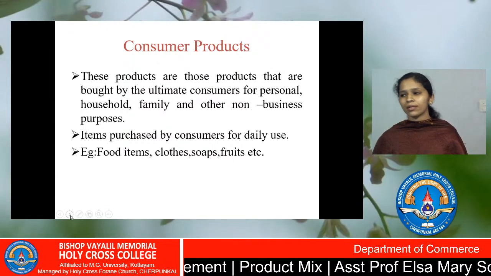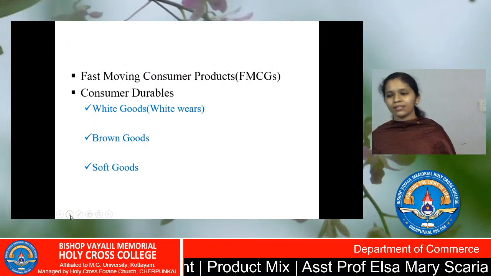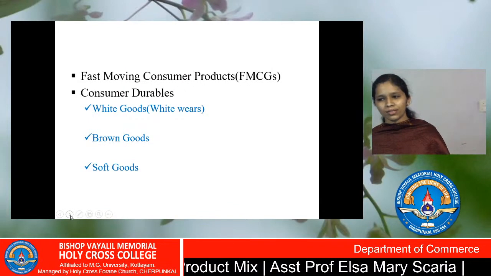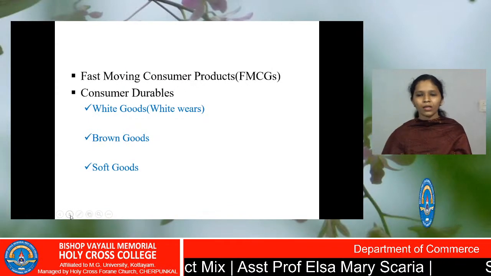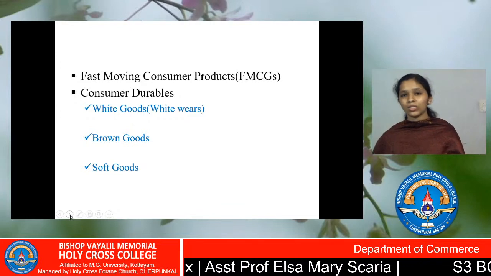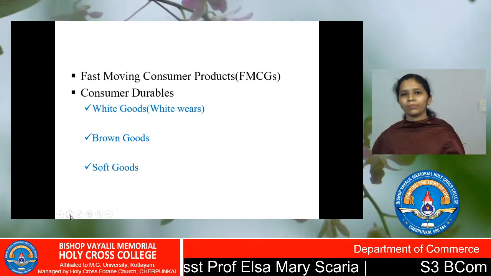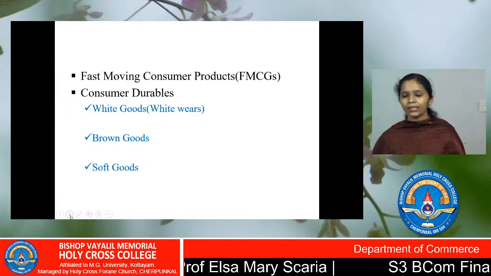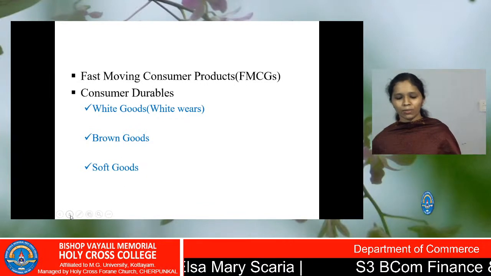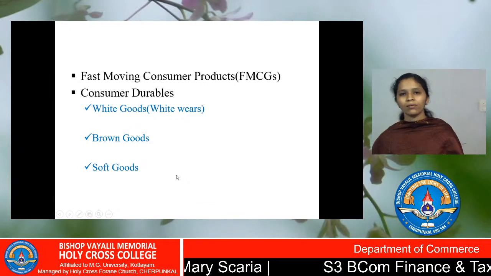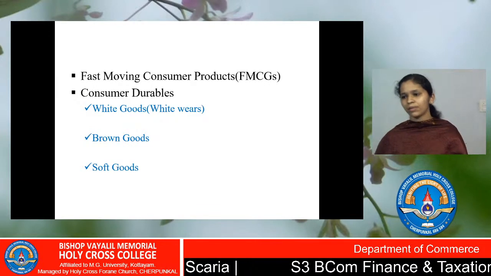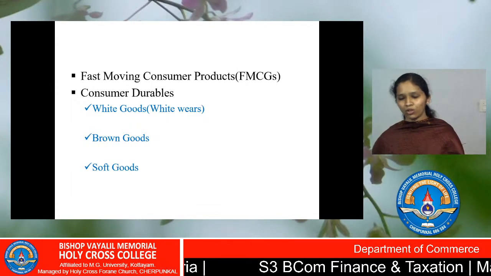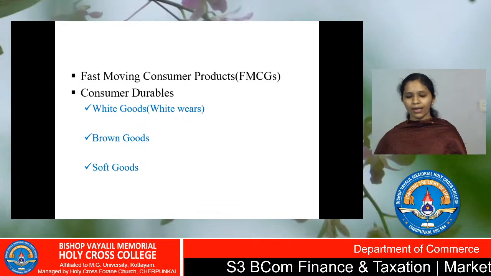Again, these consumer goods are classified into different heads. First one, fast moving consumer goods, that means FMCG. These are sold quickly and relatively low in price. Example, toothpaste, pen, pencil, soap, etc. Then consumer durables. Consumer durables do not quickly wear out or get destroyed by use. They are again classified into three: white goods, brown goods, and soft goods.